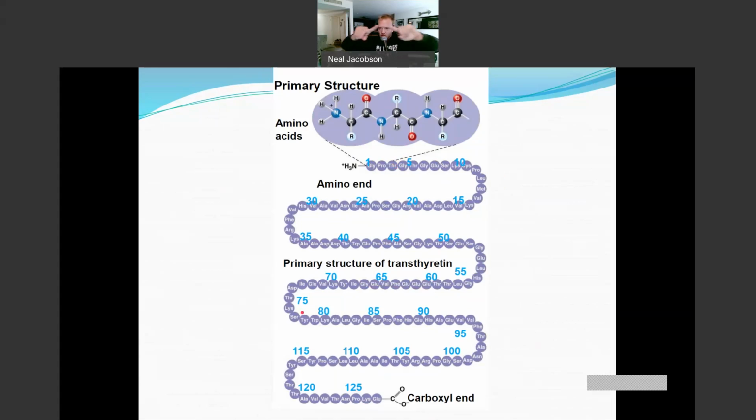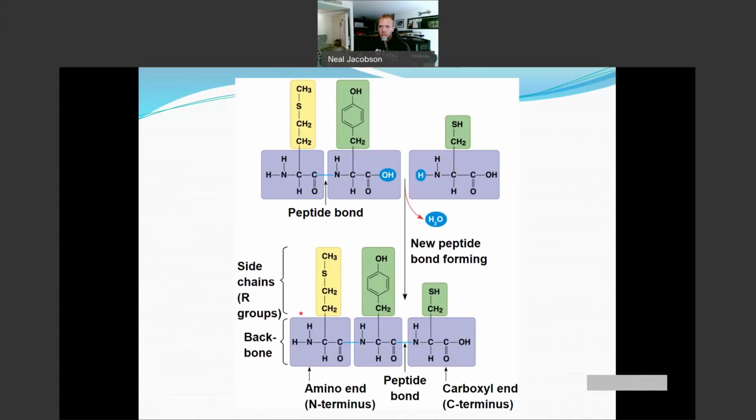So yes, it's a two-dimensional string, beads on a string, but certain beads are attracted to each other if they're nonpolar, like dissolves like. Certain beads are attracted to each other if they're polar, like dissolves like. And so it ends up twisting this string into a complex 3D shape based on the functional groups of each amino acid and how they interact together. Now, this is primary structure, what I showed you here, and I'm going to show you what comes after that. But let's go back to how we actually make a polymer.